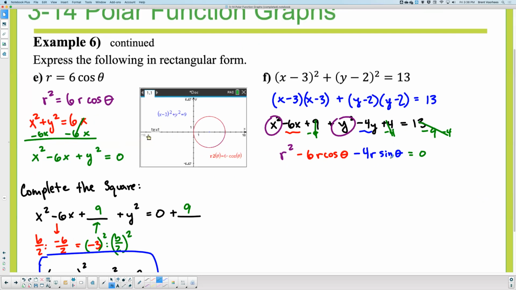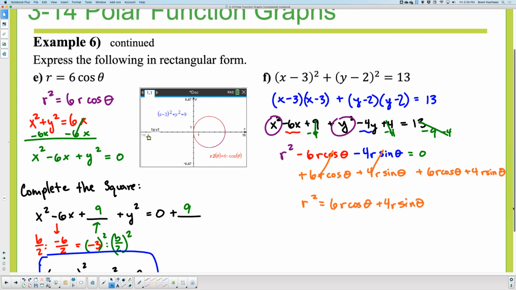And so to solve this, what I'm going to do is I'm going to add over now. So that's a lot going on. I get it. I'm going to add over a 6r cosine theta and add over a 4r sine theta to both sides. 6r cos theta plus 4r sine theta. And so I'm left with r squared equals 6r cos theta plus 4r sine theta.